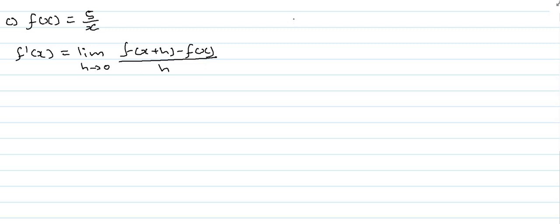Then I said on the side, let's find f of x plus h, meaning where we see x, we must put x plus h. Then since we cannot simplify this any further, we're just going to take it and substitute to the original. This becomes the limit as h approaches 0.